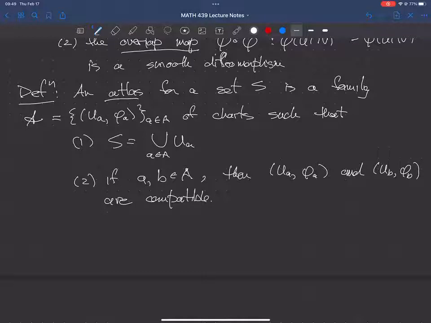Now there arises the possible difficulty of the following scenario. We have the same set S, and I come along and choose an atlas for S, so I cover it with charts, and my charts all satisfy the overlap condition with respect to one another. Now you might come along for the same set S and form your own atlas, and your own atlas is internally consistent, so any two charts in your atlas are compatible.